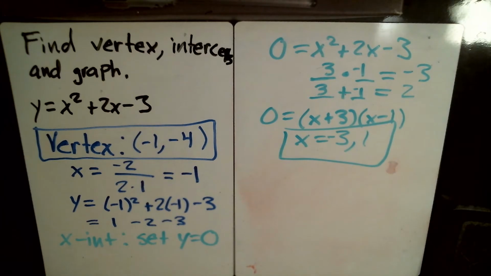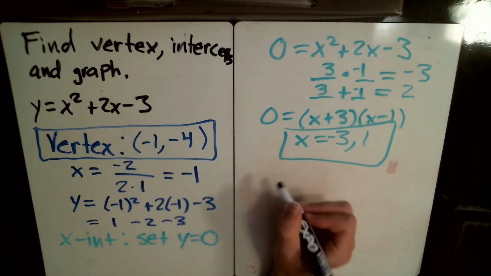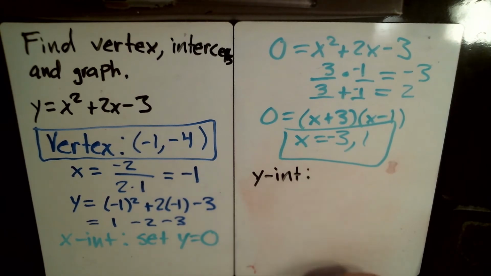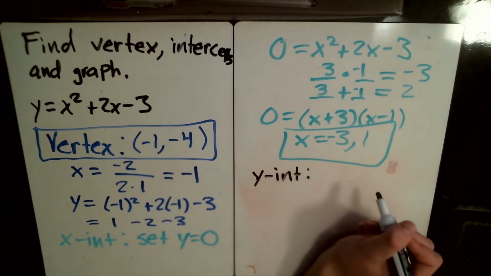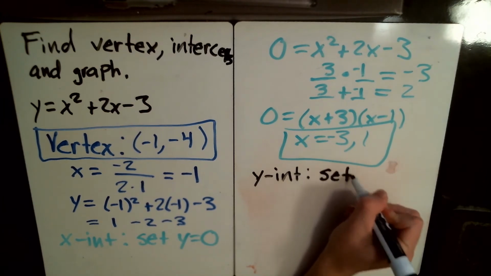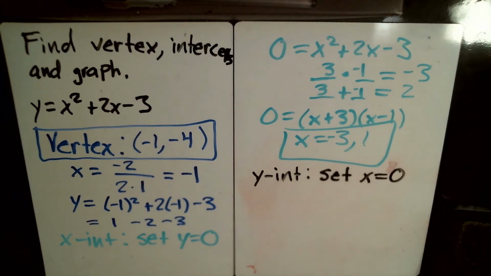Now there's one other type of intercept we can have, right? The other type of intercept we can have is the y-intercept, right? To find the y-intercept in an equation, you do the opposite. You always set the other variable equal to 0. So you're going to set x equal to 0 to find the y-intercept.